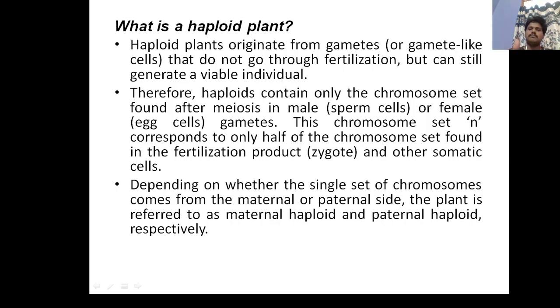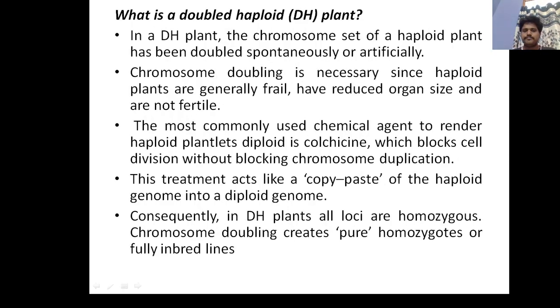This chromosome set corresponds to only half of the chromosome set found in the fertilization product, the zygote, or other somatic cells. Depending upon whether the single set of chromosomes is derived from the maternal or paternal side, the plant is referred to as a maternal haploid or a paternal haploid.